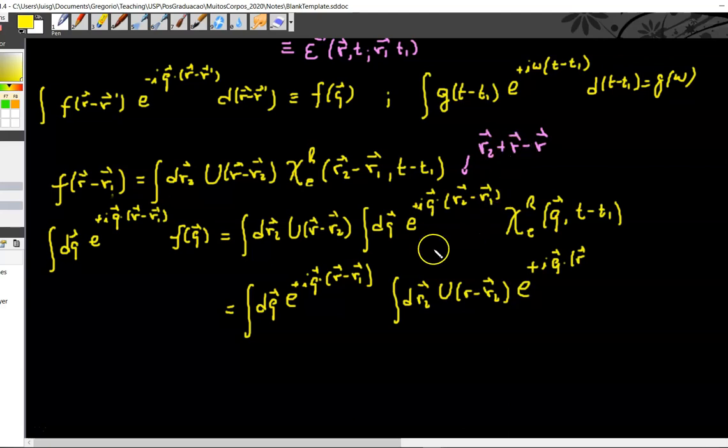So I had this, the r minus r1 is there, so I have r2 minus r with a plus iq. Oh, sorry.